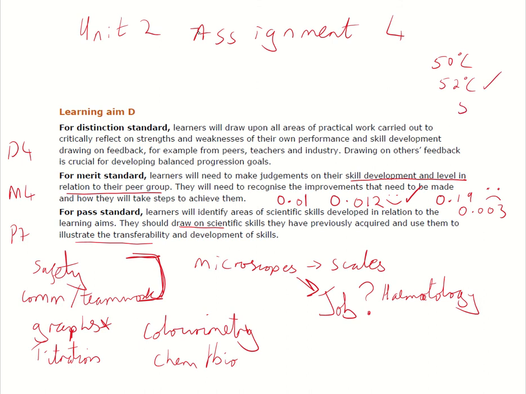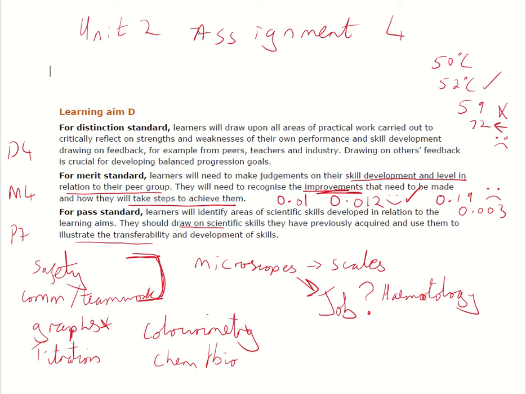Your classmates were getting 59 and 72 and all sorts of things like that. You are clearly much better than your classmates, hopefully, rather than hopefully you're not this guy or girl, and therefore you need to definitely talk about improvements that need to be made and steps to achieve them.